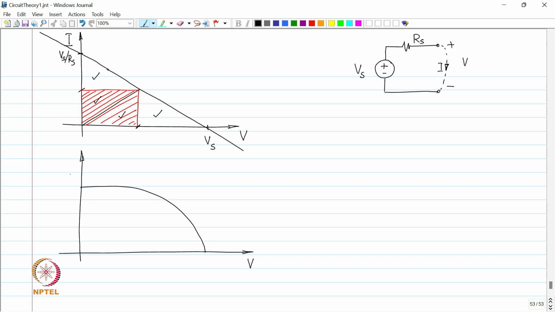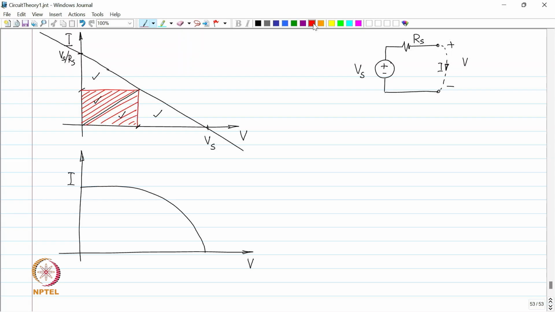Okay. Nevertheless, this is going to be the characteristics of the solar cell. And now, the question is to find the maximum power. How will I draw the maximum power out of this? What do you have to do? You have to simply draw this curve and figure out which is the largest possible rectangle under the curve. And you have to do it graphically.